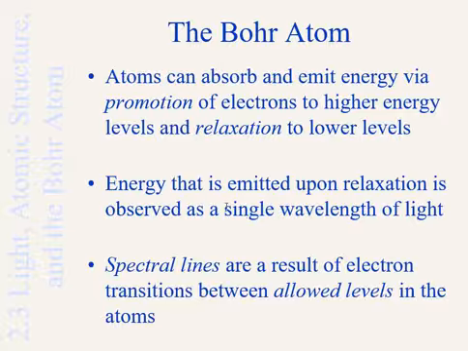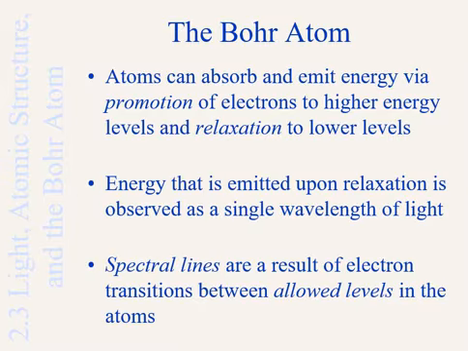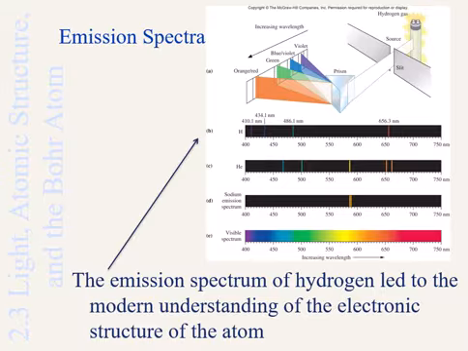But it's a single wavelength of light, and as we know, different wavelengths have different colors, and they are not all continuous like the seven colors of the rainbow. That's why what we have is spectral lines. Different atoms have their own spectral lines, as we will see, because they have different levels of energy within their atoms. It will all become very clear as we look at the next slide here.